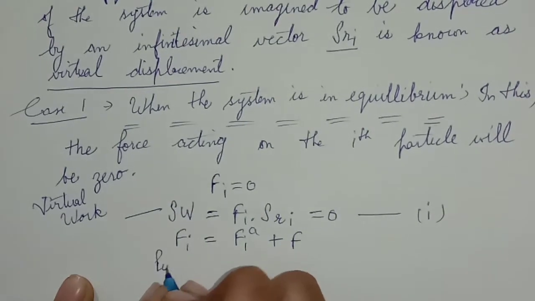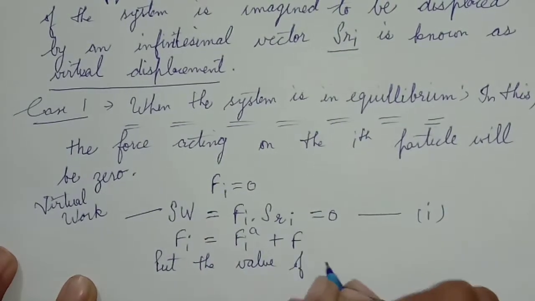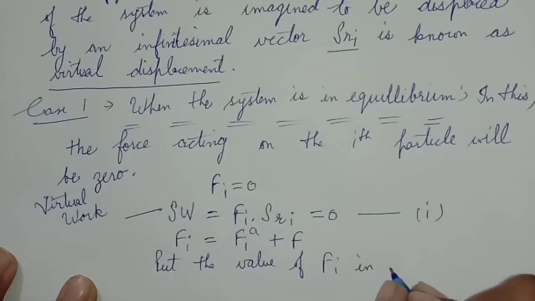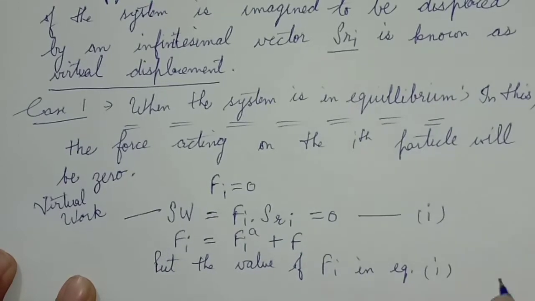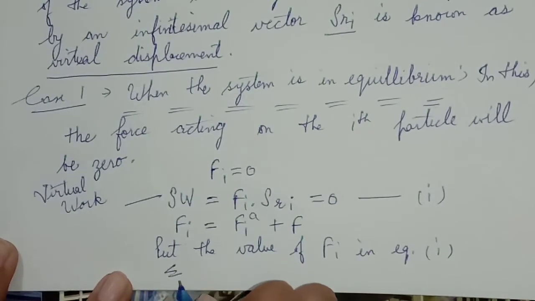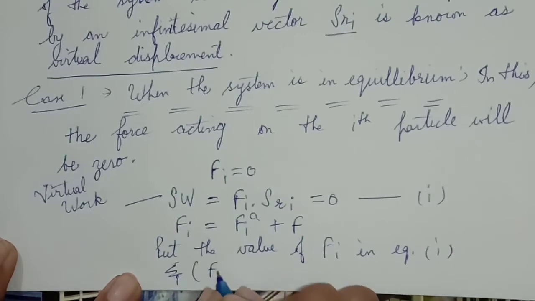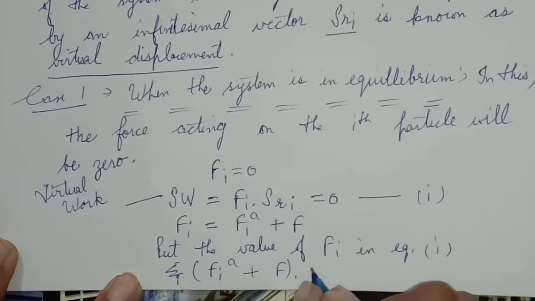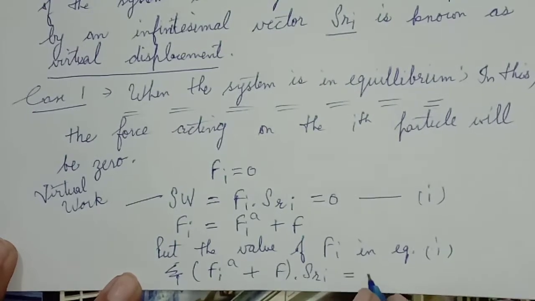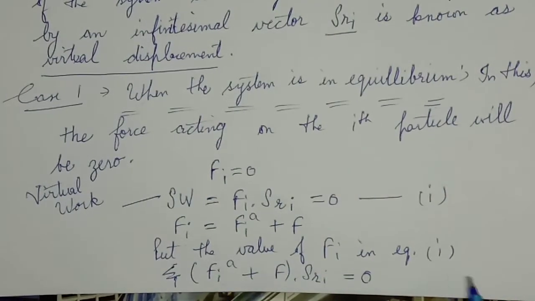So we can write, taking summation over i, (Fia plus Fi) dot delta Ri equals 0. Now we open the bracket and multiply delta Ri inside this.